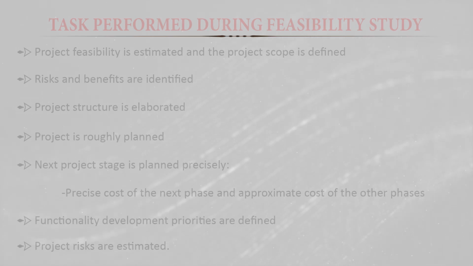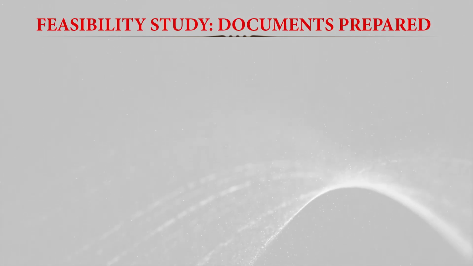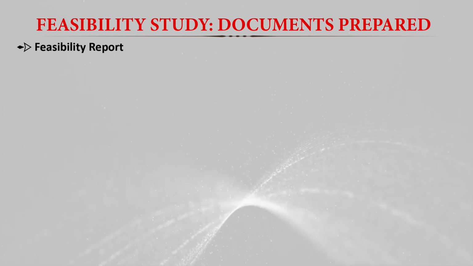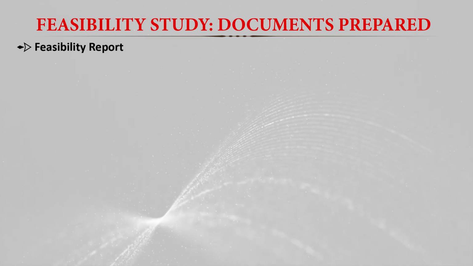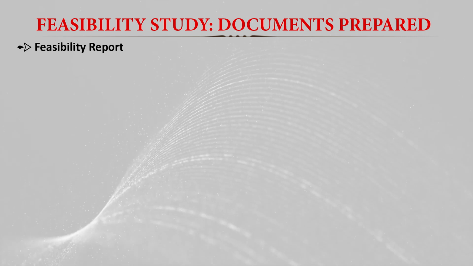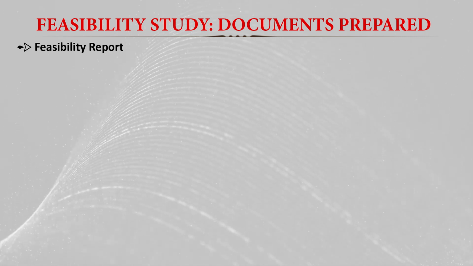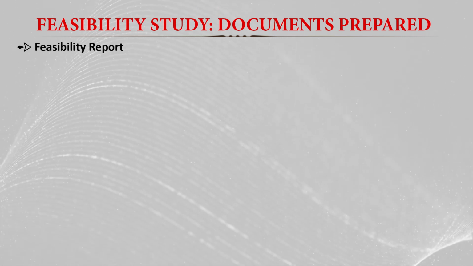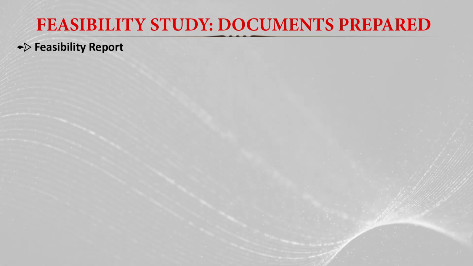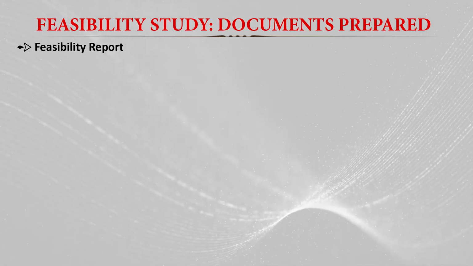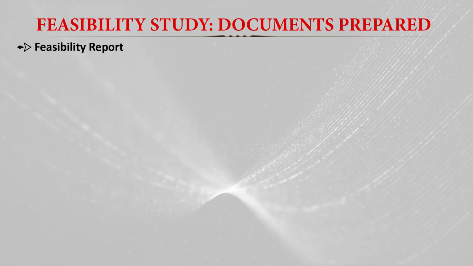And we prepare different types of documents out of the feasibility study, like the feasibility reports, and this is a very important component when we conduct the feasibility studies. We should prepare a good feasibility report which can be seen by the banks or financial agency or the entrepreneur himself.